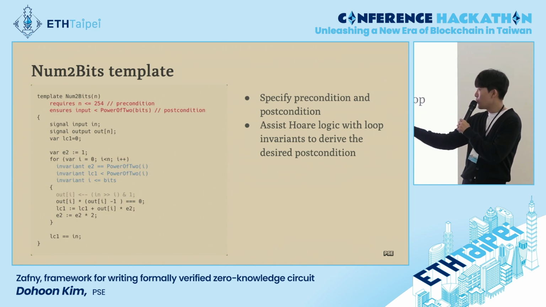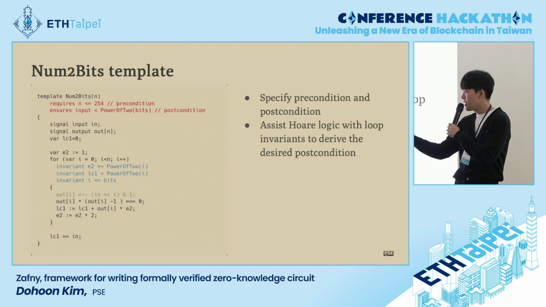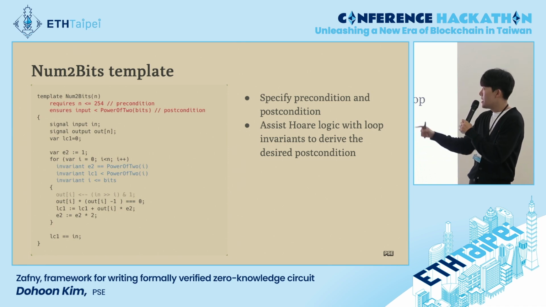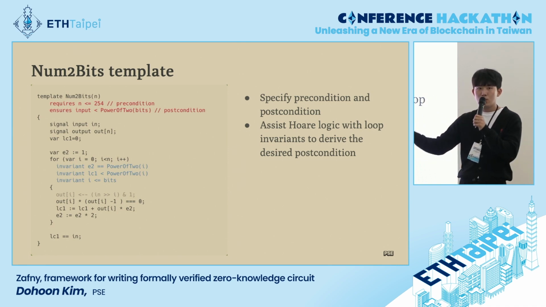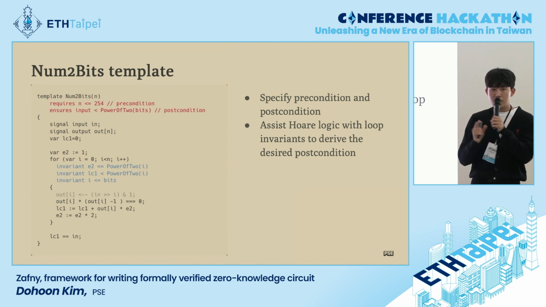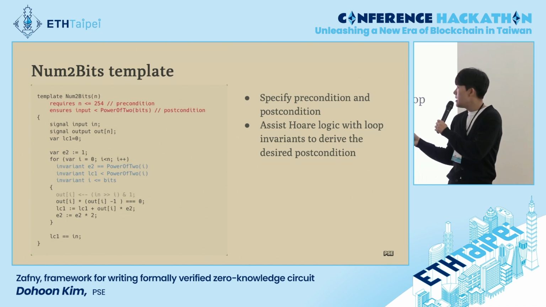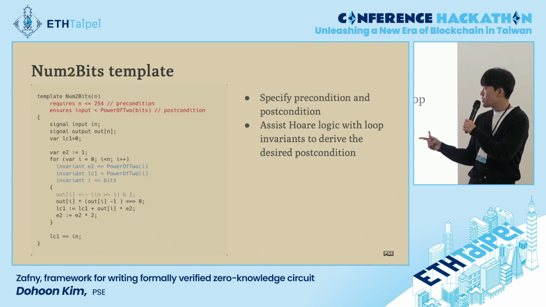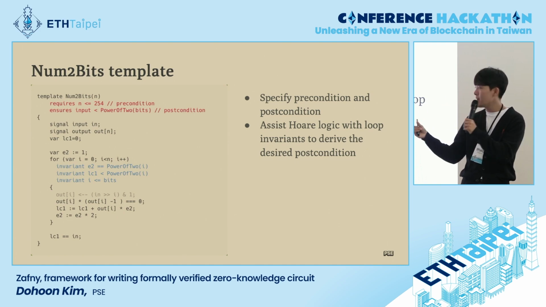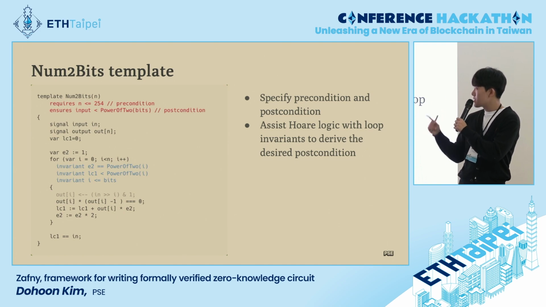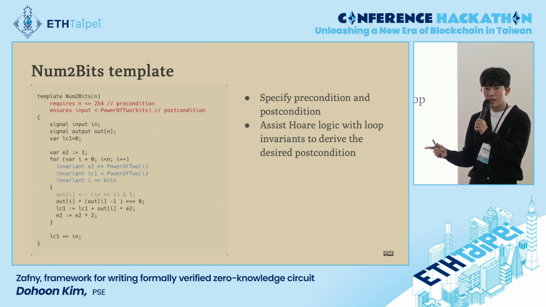Based on that, we update the variable lc1 and variable e2. The developers can write in the loop invariant that variable e2 should always be equal to 2 to the power of i, and variable lc1 should be less than 2 to the power of i, and i is always less than or equal to bits.